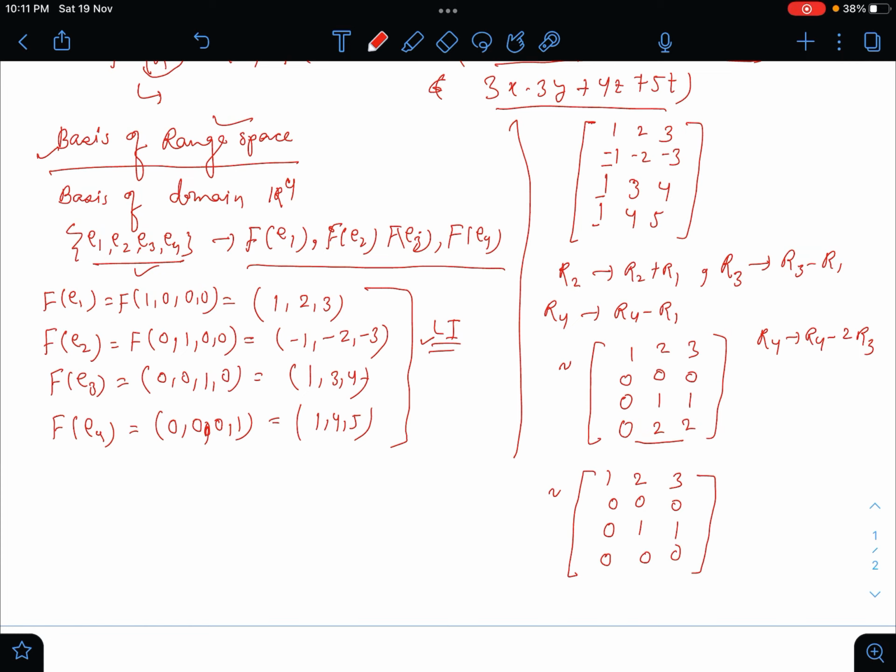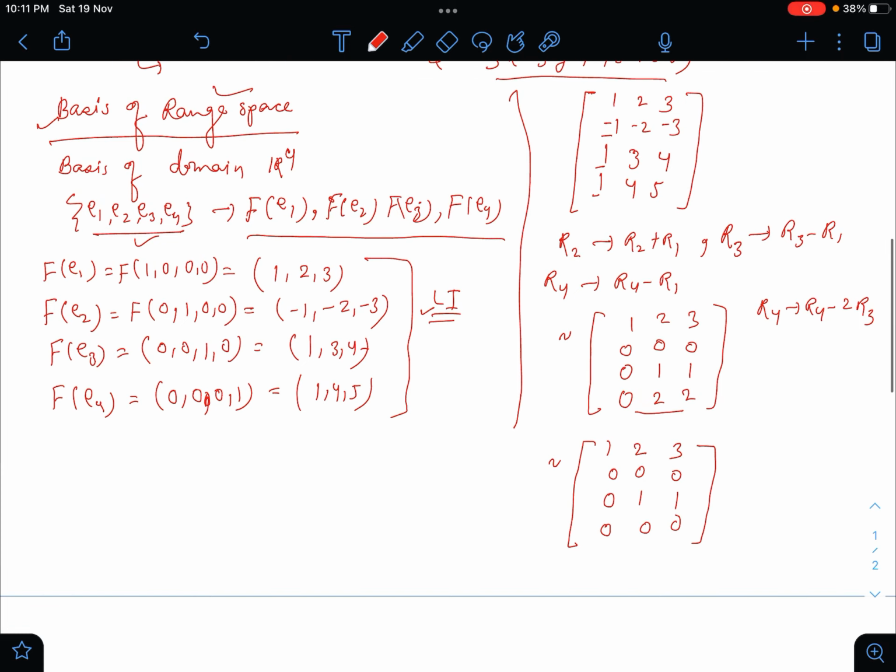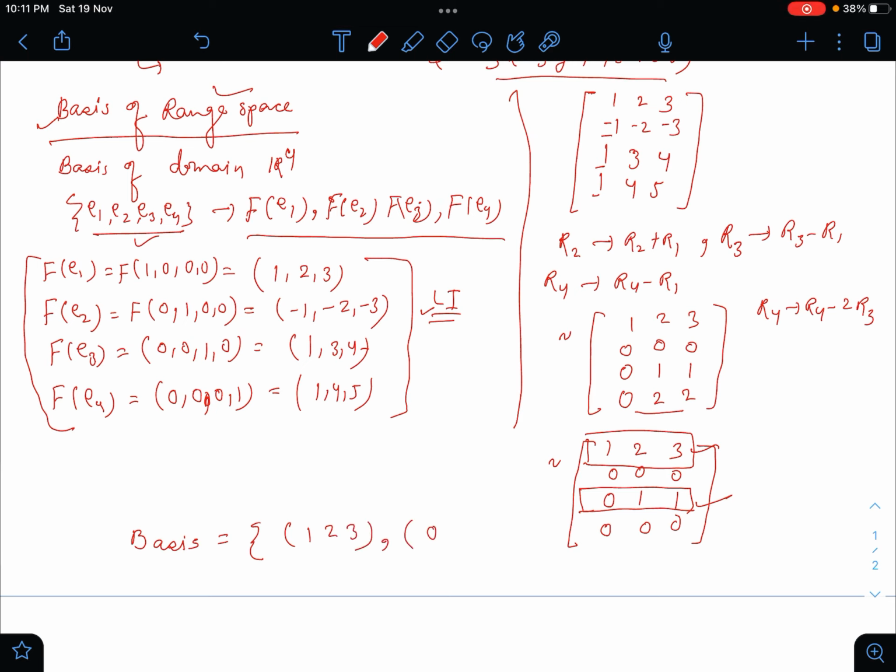This is row reduced echelon form, and non-zero rows of this matrix will form the linearly independent vectors out of these four vectors. These two vectors will form the basis of range space. So basis of range space is (1, 2, 3), (0, 1, 1). This is basis of range space.